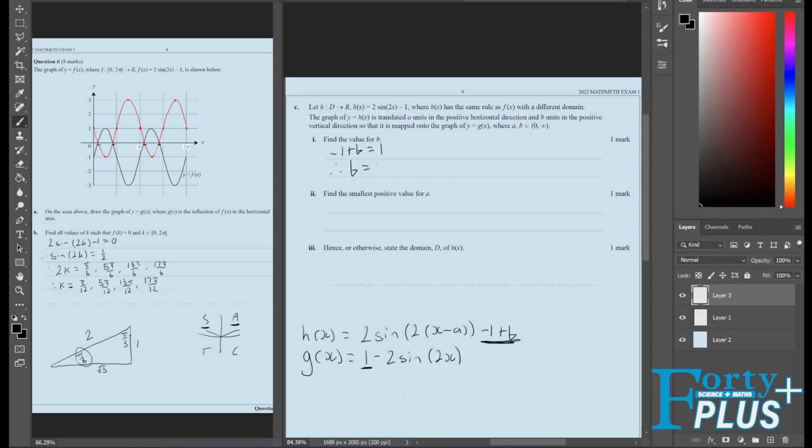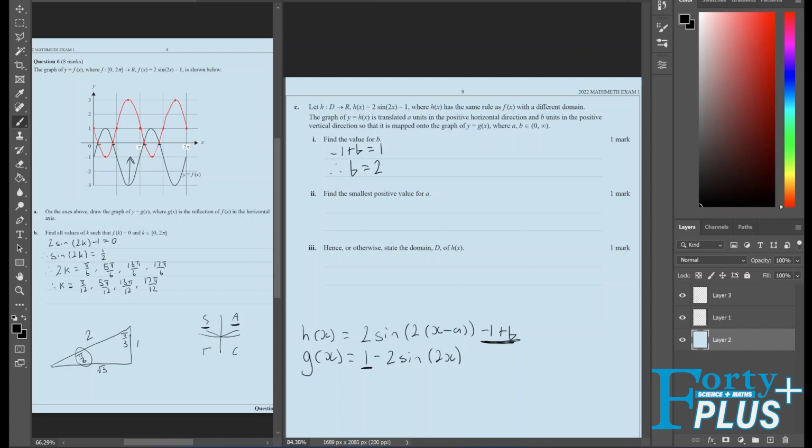Therefore, b equals 2. This can also be seen on the graph, where simply the lowest point of the graph of f would have to be moved up 2 units to sit at the same height as the lowest point on the graph of g.